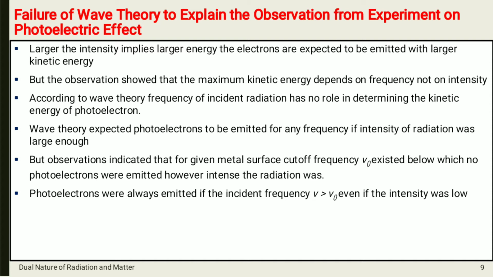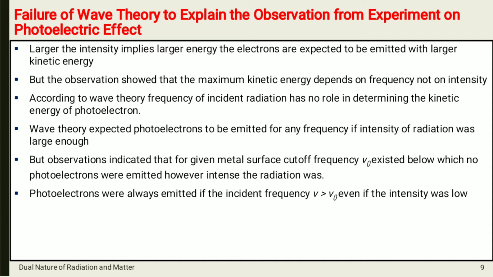Wave theory expected photoelectrons to be emitted for any frequency if intensity of radiation was large enough. But what is the observation? Observation is different from what wave theory expected. That is, photoelectrons to be emitted for any intensity if frequency of radiation was large enough.